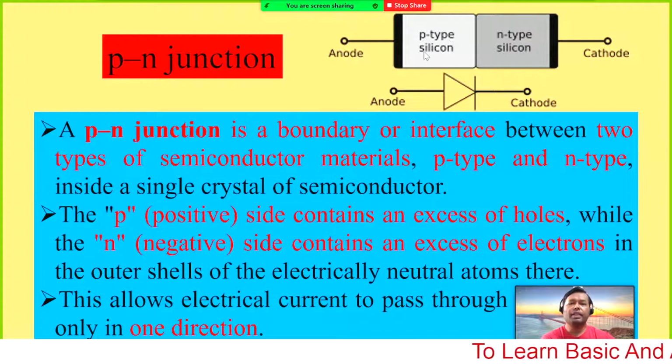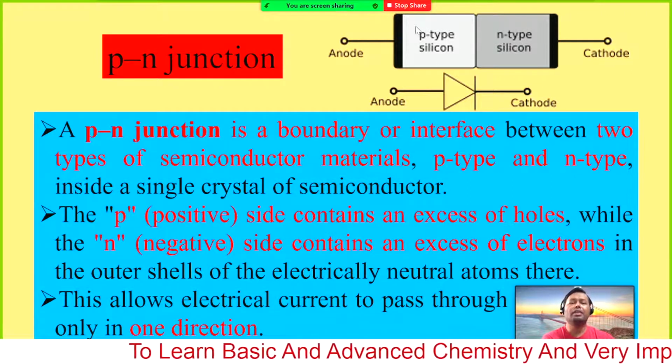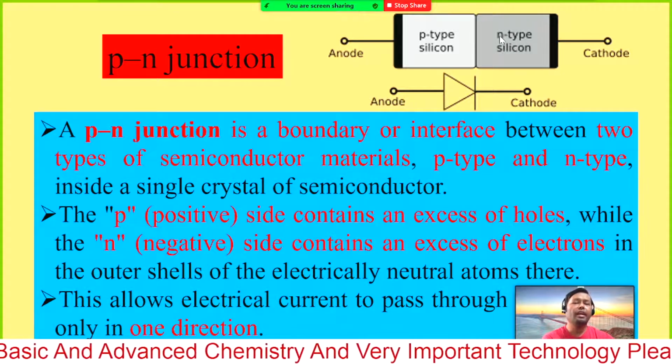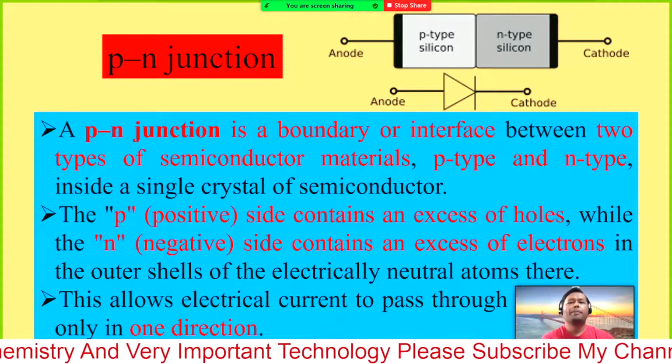So this is the p-type semiconductor and this is the n-type semiconductor. That means in this material we have free holes and here we have free electrons.